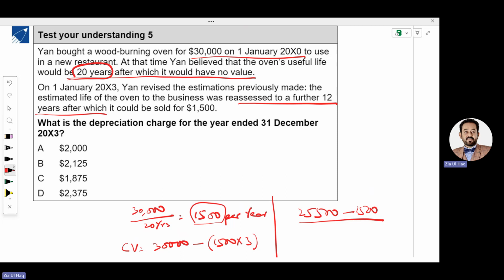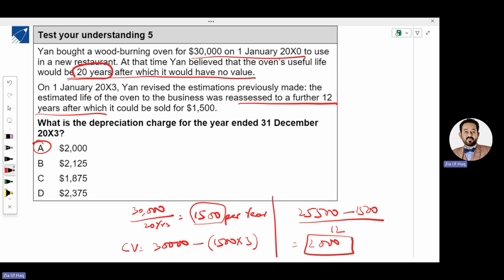Further run for 12 years means 3 years already run, so total useful life is 15 years. But we need to take here the remaining useful life, and that is 12. So 24,000 over 12 is 2,000. 2,000 depreciation will be charged every year.